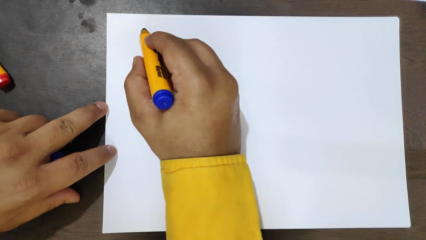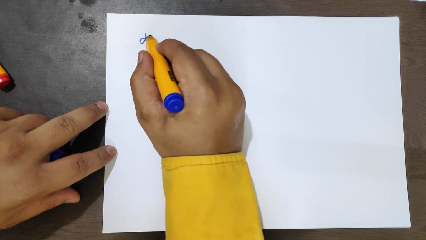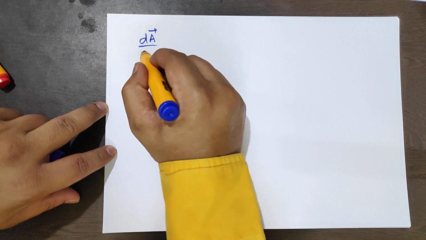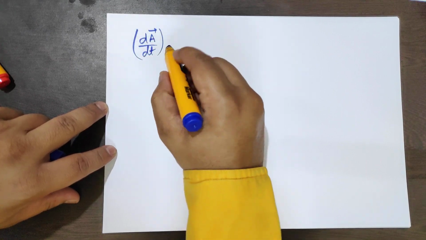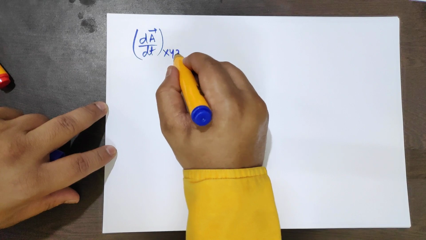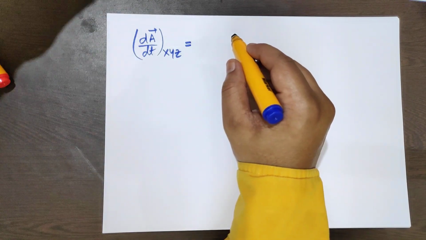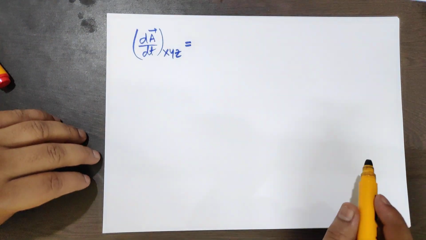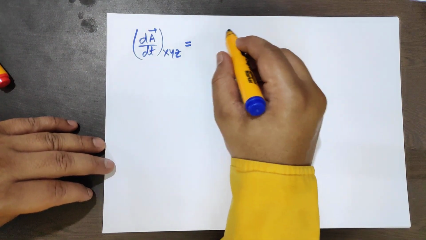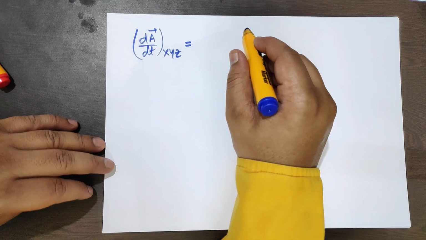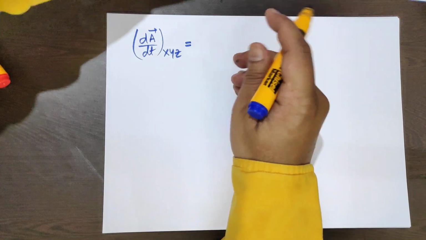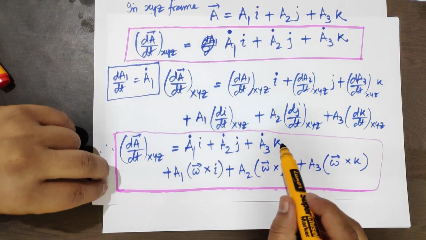Therefore dA/dt with respect to capital XYZ is, see, this first term, a1 dot i plus a2 dot j plus a3 dot k.